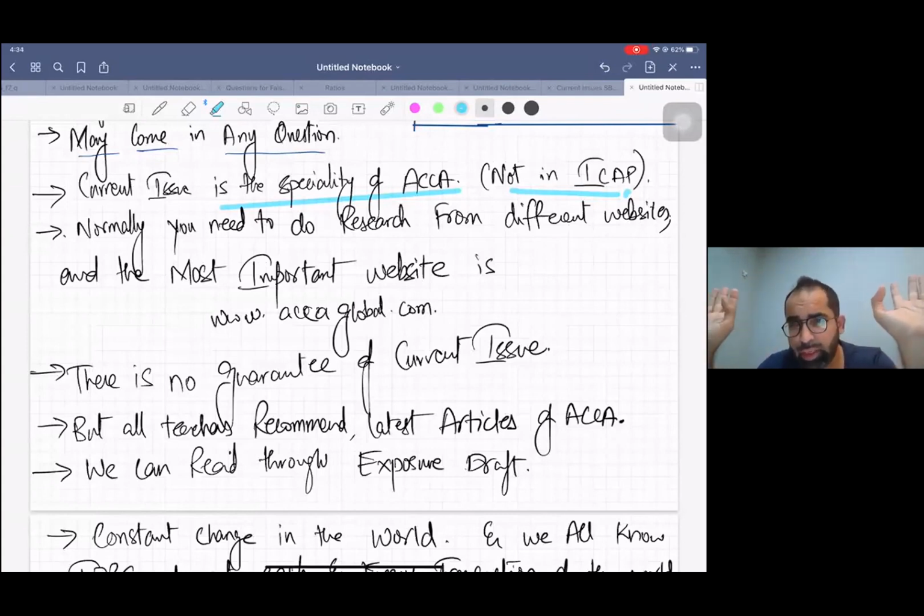That's the past. But one more thing, you should also see the latest exposure draft, and that will be available on the big four websites. But it's a big procedure, and it needs a lot of time. That's why some teachers don't recommend going to those websites, because you will be lost.